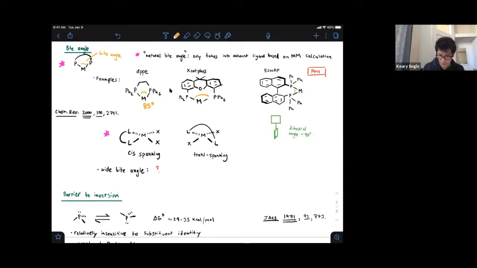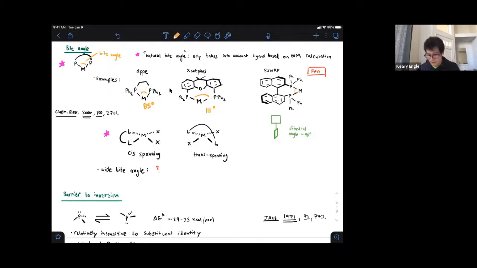DPPE has a natural bite angle of 85 degrees. Xantphos is much larger. It's generally thought of as a wide bite angle or trans-spanning ligand, at 111. I think the vast majority of people in the class had that order correct. And then the question is, where does BINAP fit along this?